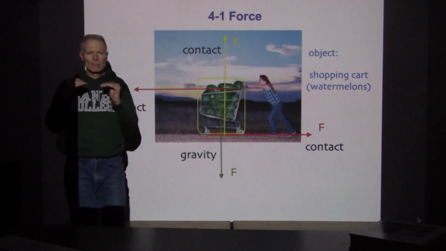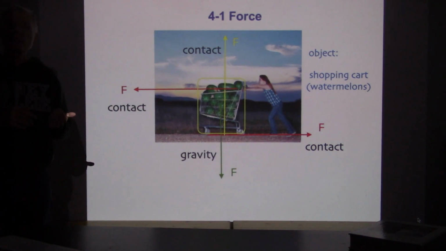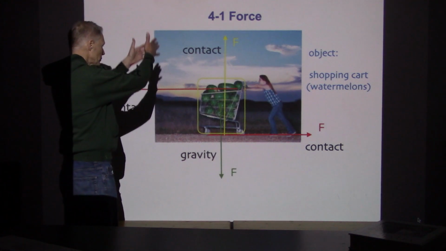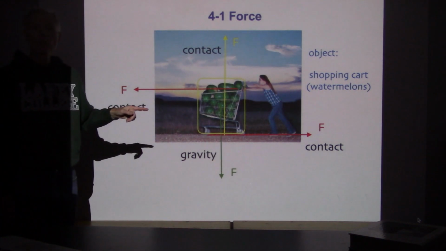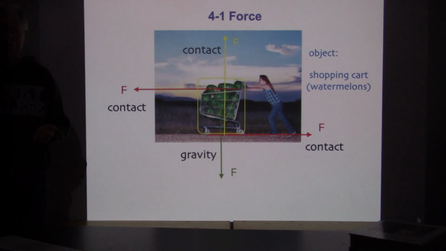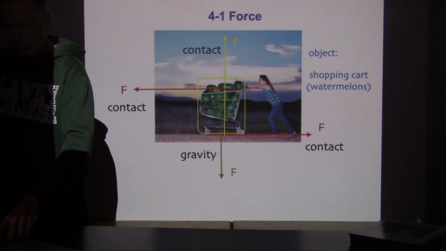And as long as the pavement is sturdy enough to create a force that can offset the gravitational effect, then we'll have a net force of 0 in the vertical direction. So just like last chapter, we're taking these vectors, the vectors now are forces, and we're looking at the x components and the y components and making a comparison.